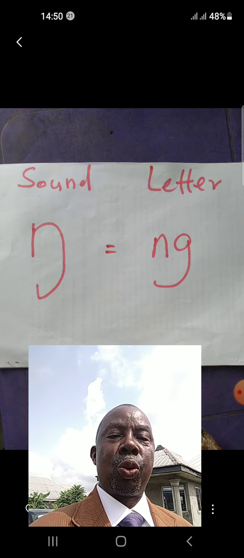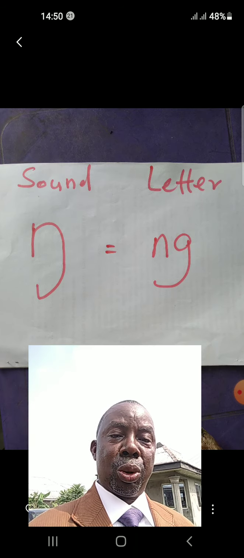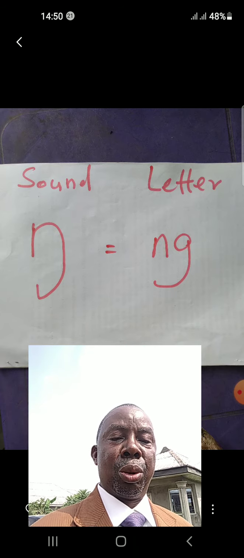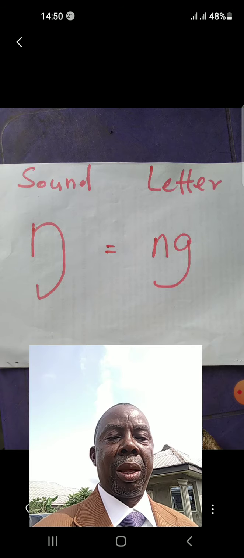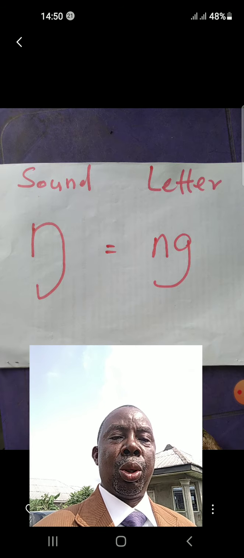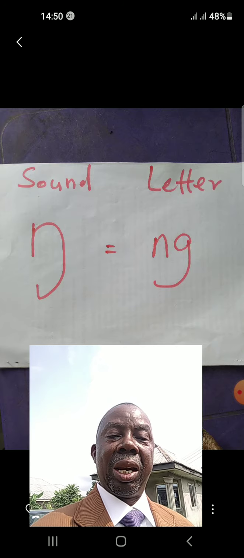Anytime you want to pronounce the sound, two letters may be used in the writing system. The sound is called nge in Kana, and the two letters used each time to bring out that sound are N and G.